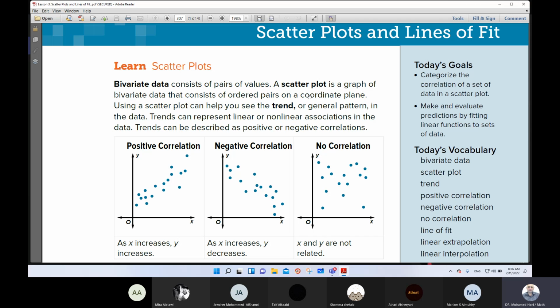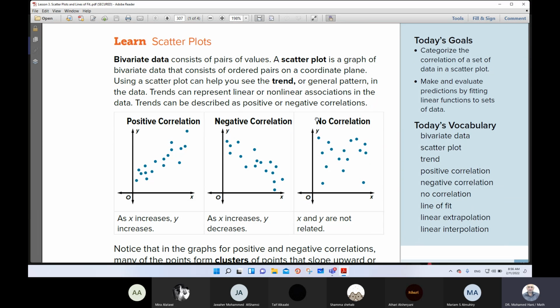A scatter plot is a graph of bivariate data that consists of ordered pairs on a coordinate plane. Using a scatter plot can help you see the trend or general pattern in the data.